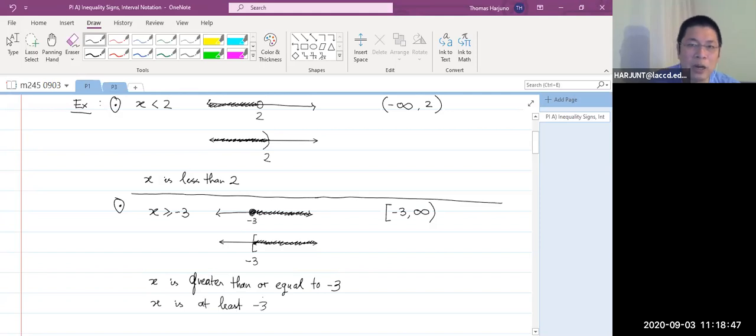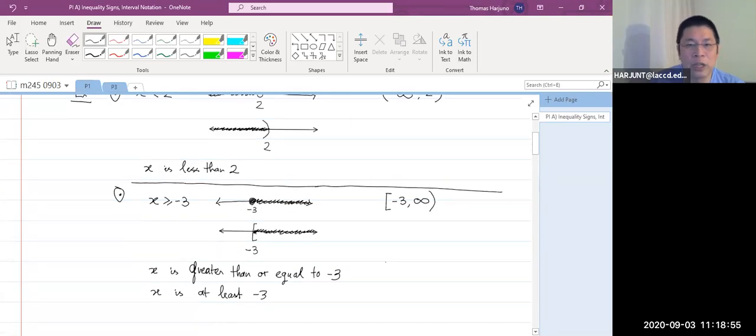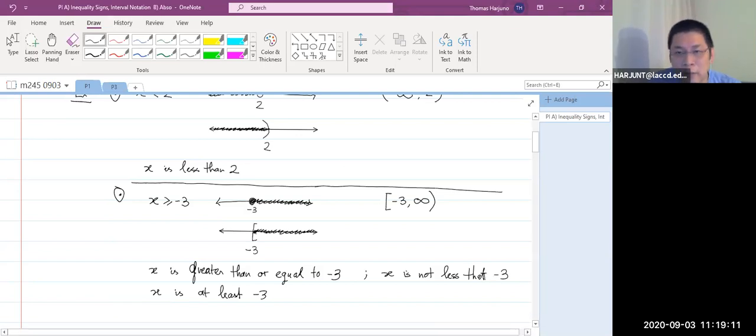So the words at least mean greater than or equal to. Or if we want to say it in a negative way, x is not less than negative 3. Okay, those are for the wording.